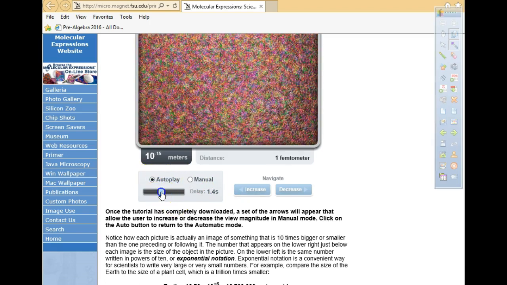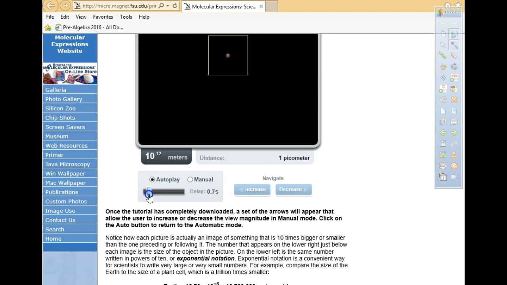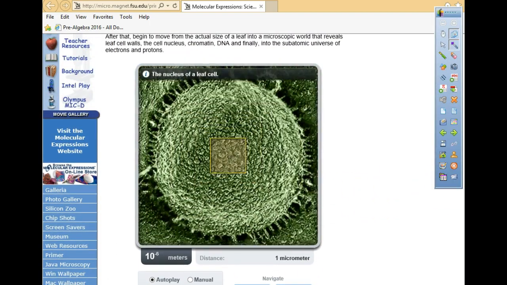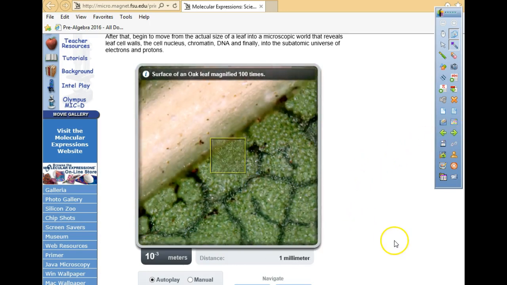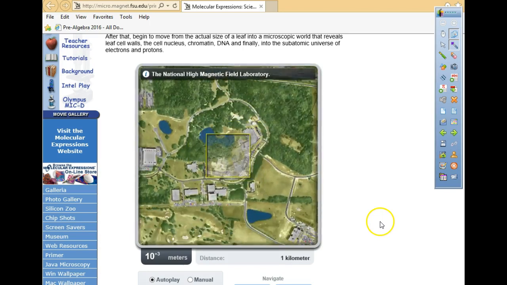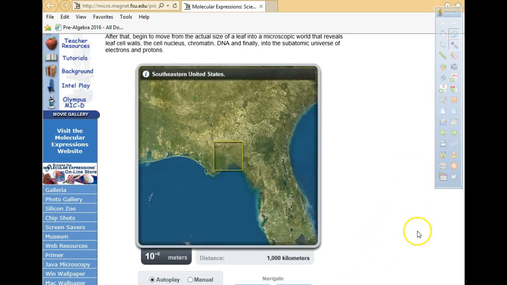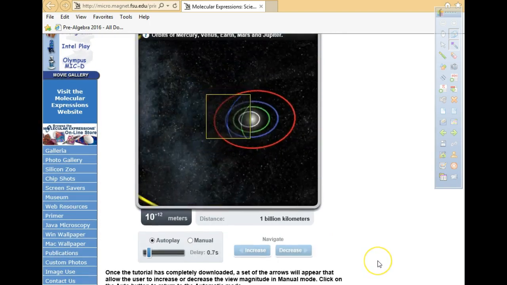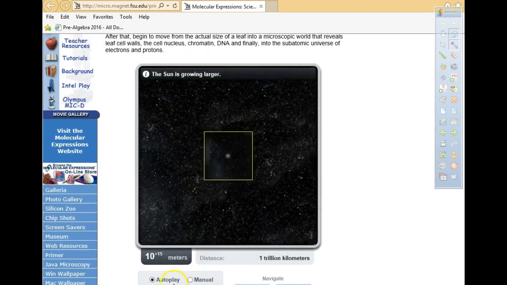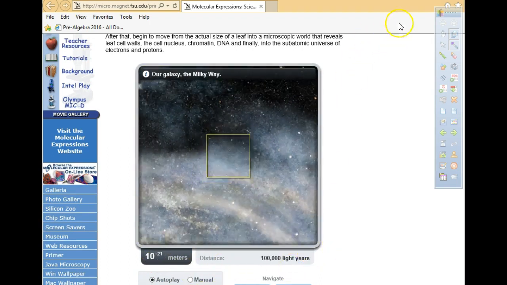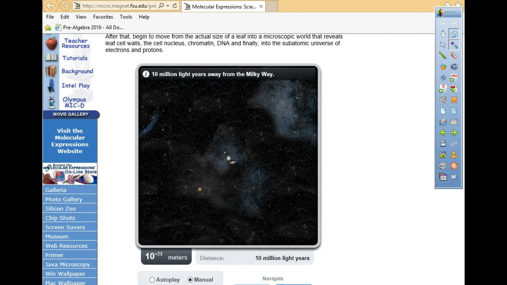You can tell it how fast to move, so if we want to have it move faster, you can see how quickly things are going as we look at times 10 to a power. I just want you to be aware that this is out there for you to take a look at. If you're trying to understand scientific notation and the powers of 10, this gives you a good visual of what those powers of 10 mean or what they look like.